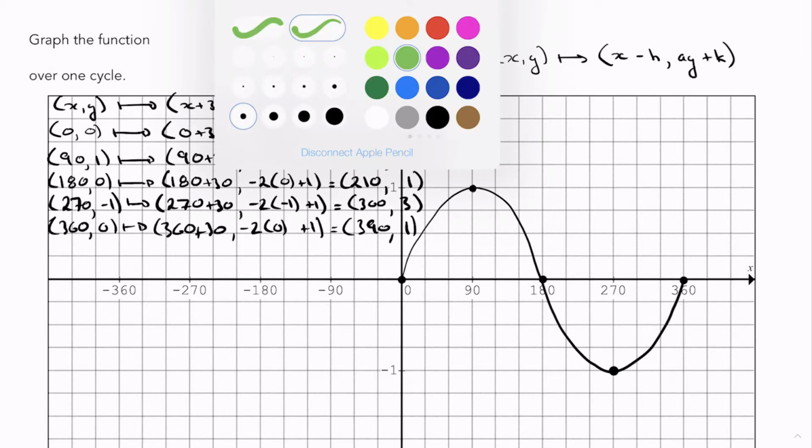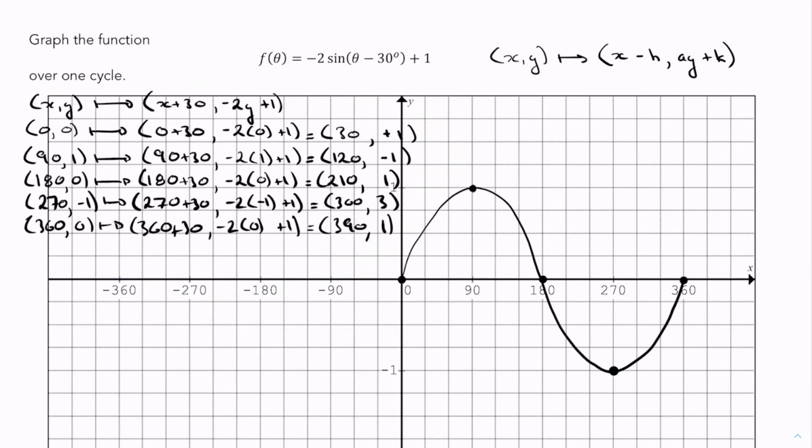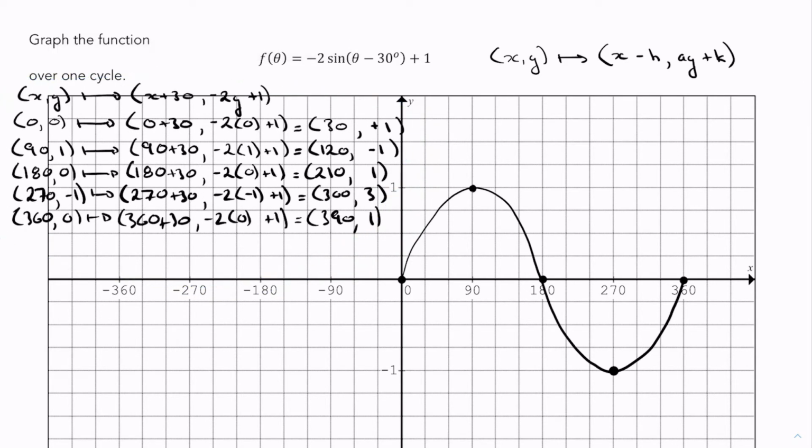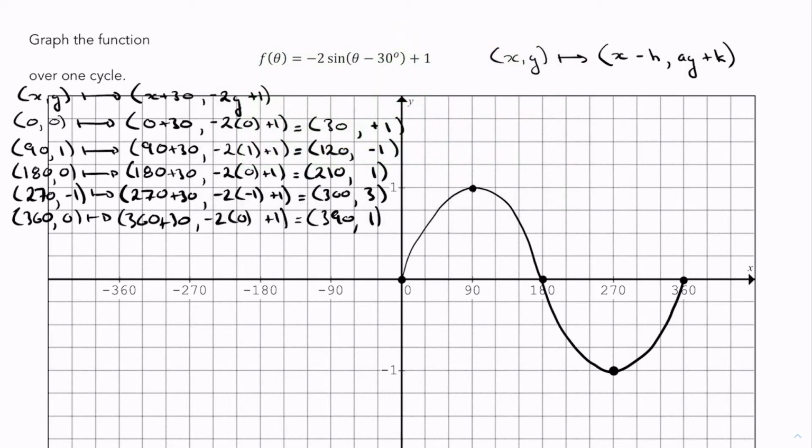So what are the points I'm going to be using? I'm using this one, this one, this one, this one, and this one. So the first point is 30 and 1, which is going to be here.